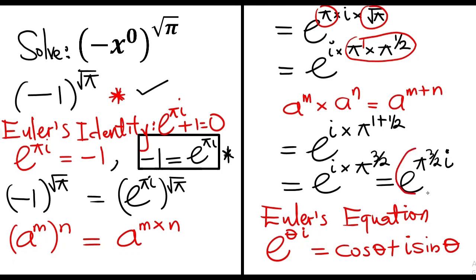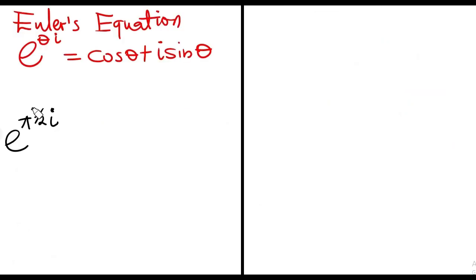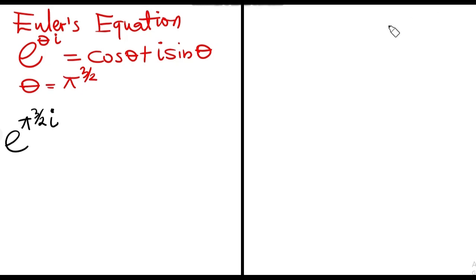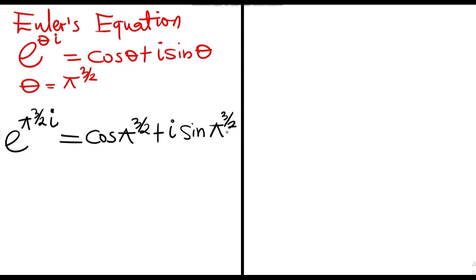So writing this in the same way, theta, as said earlier, equals pi raised to the power of 3/2. At the end of the day, this is going to be equal to cos of pi to the power of 3/2 plus i sine of pi raised to the power of 3/2.